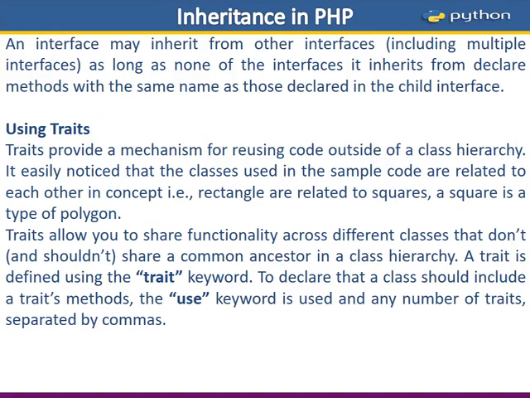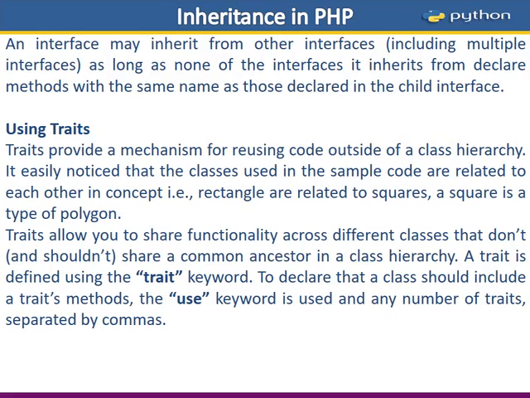An interface may inherit from other interfaces, including multiple interfaces, as long as none of the interfaces inherited from declares a method with the same name as those declared in the child. I told us we have four means of implementing inheritance in PHP.